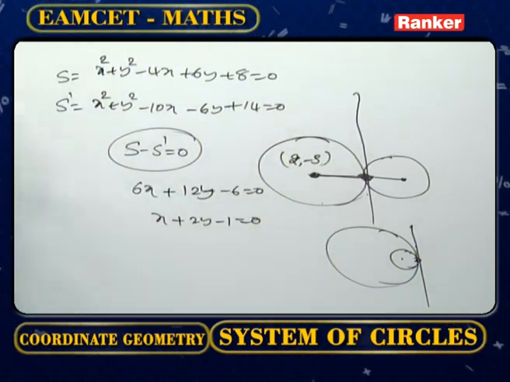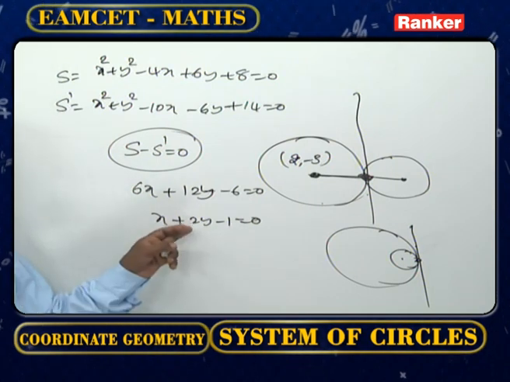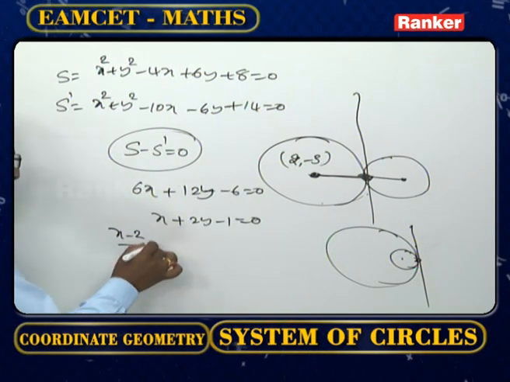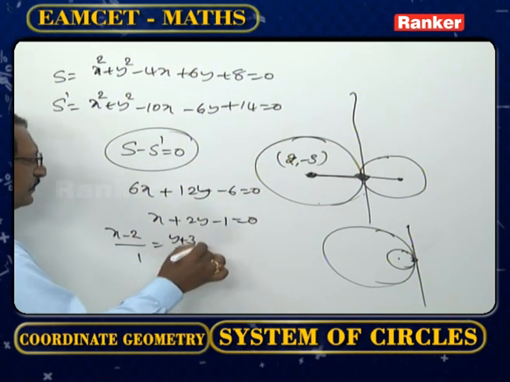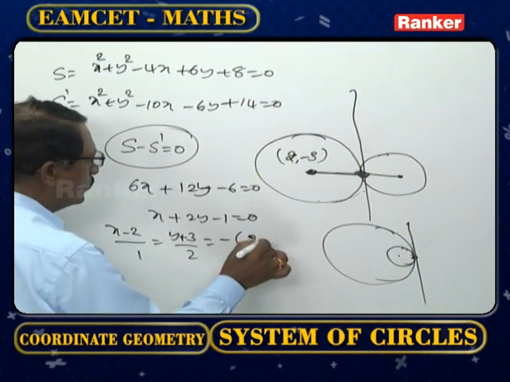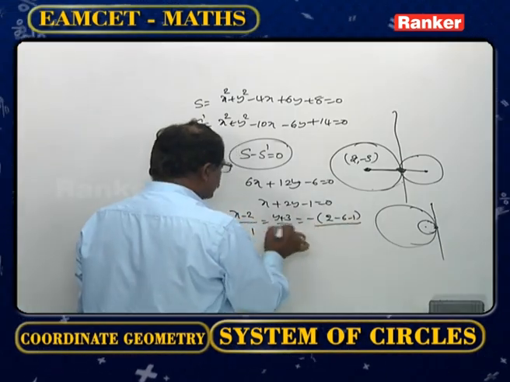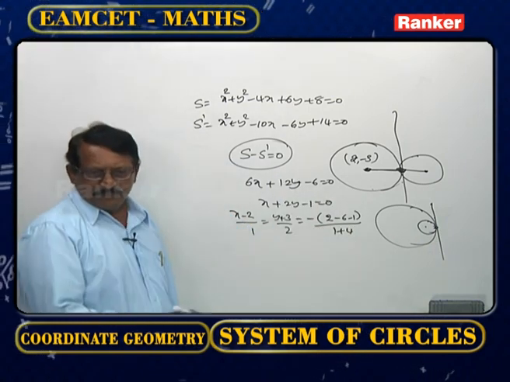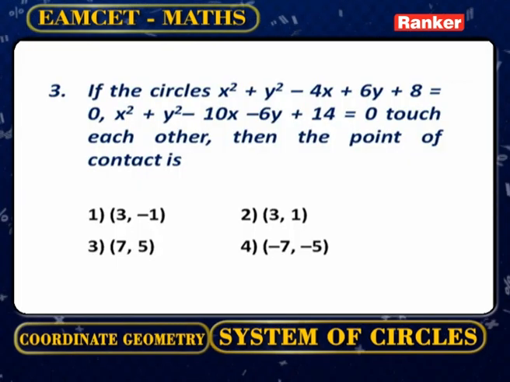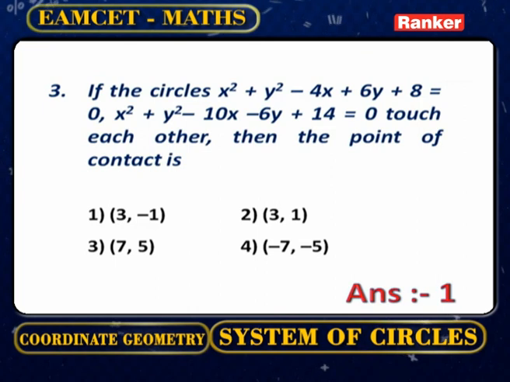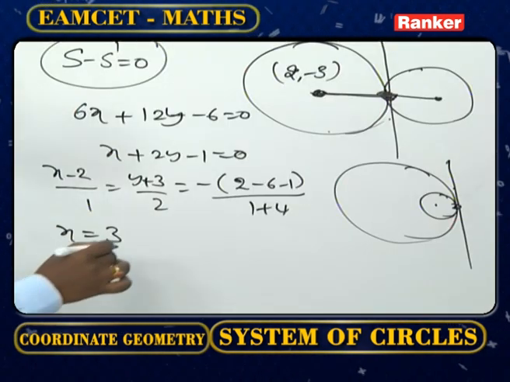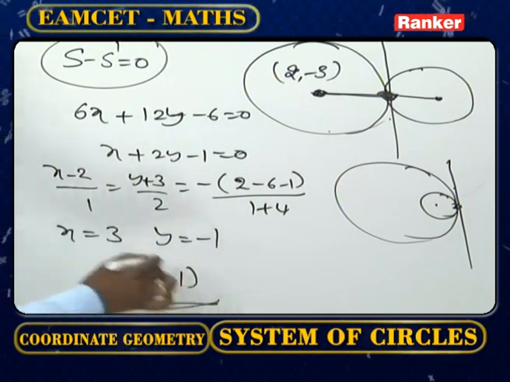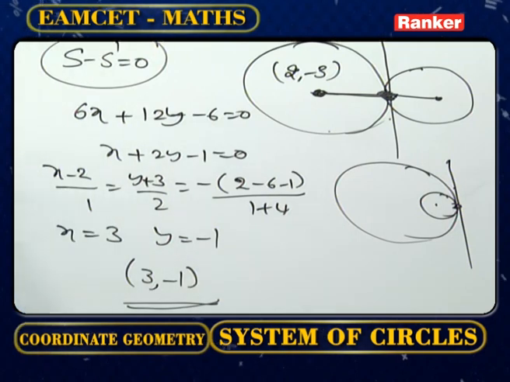Now finding the foot of the perpendicular from (2, −3) on this line, we get the point of contact: (x − 2)/1 = (y + 3)/2 = −(2 − 6 − 1)/(a² + b²) = −(−5)/(1 + 4). Further simplifying, we get x = 3, y = −1, then the point of contact is (3, −1).